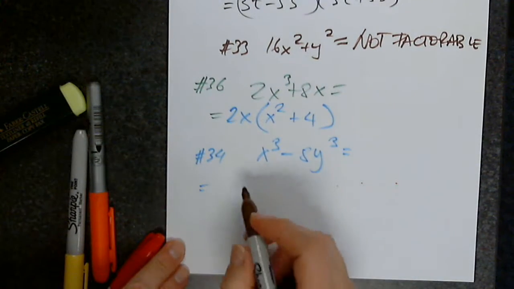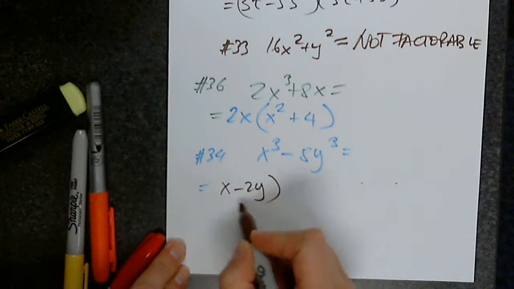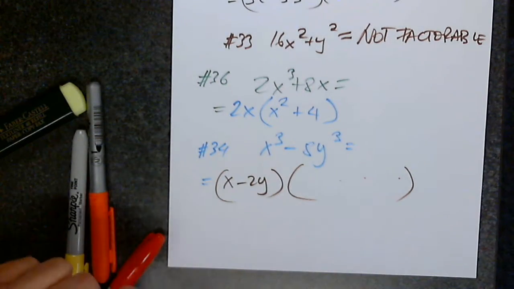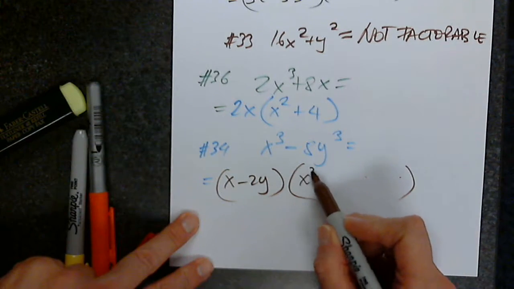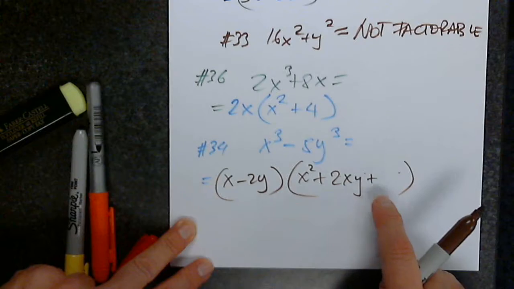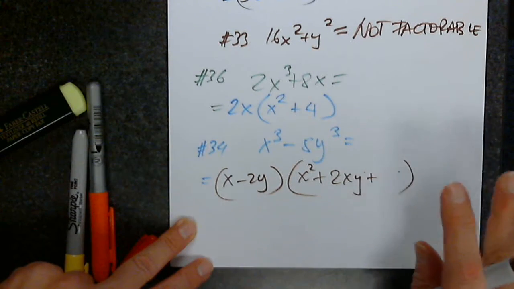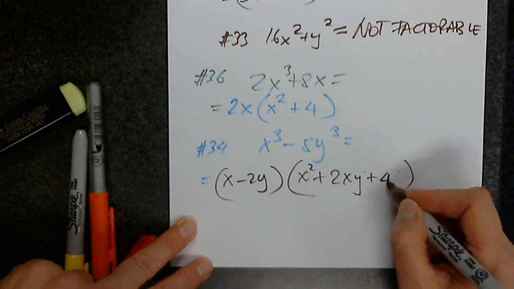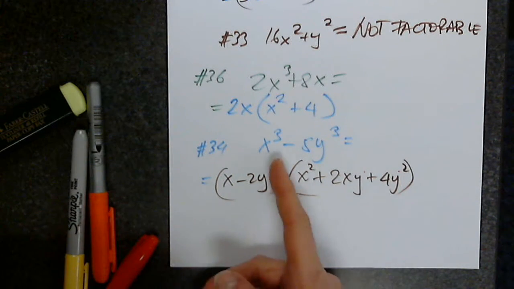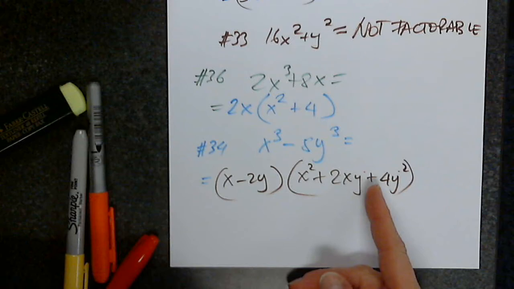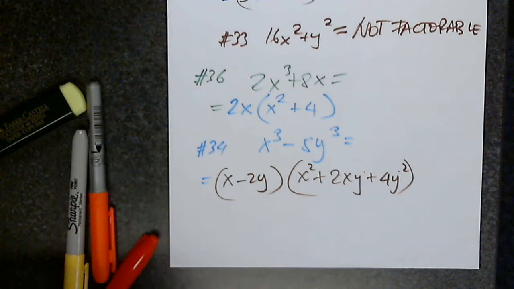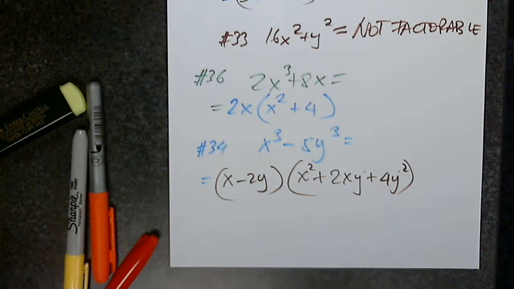X minus 2y times x squared plus 2xy plus 4y squared. This is always positive. Very good. If you put the minus and distribute, you will not get the left-hand side. But if you put plus and you distribute, you will get the left-hand side. Good. Anything else?